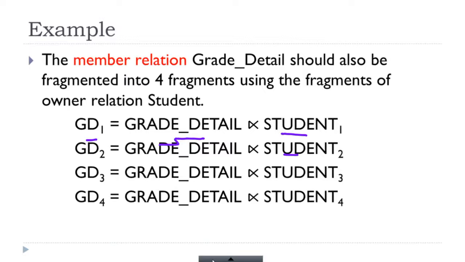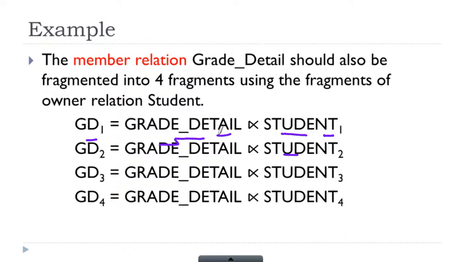So the records of student 1 and grade detail are compared on the register number attribute. Only the register numbers of student 1 will match those of grade detail. So the fragment of grade detail is according to the register numbers of student 1. Now student 1 and GD1 will have the records of the same set of people.